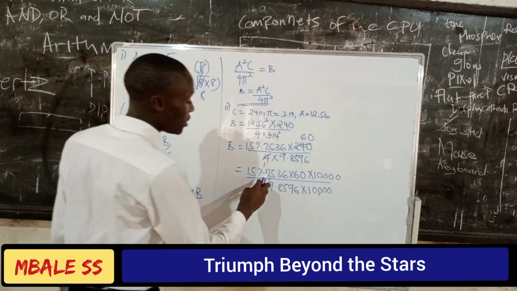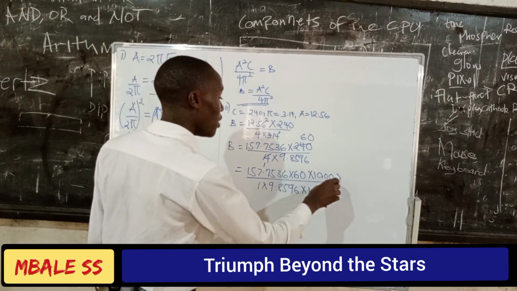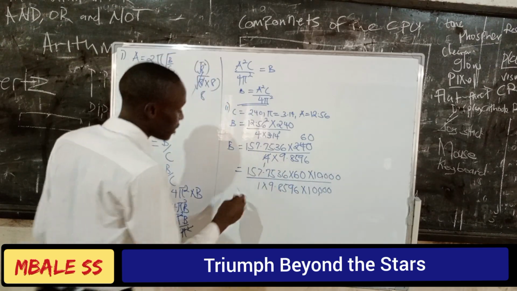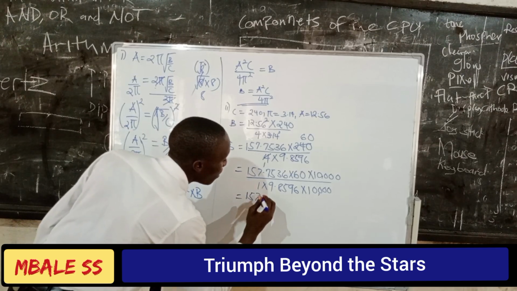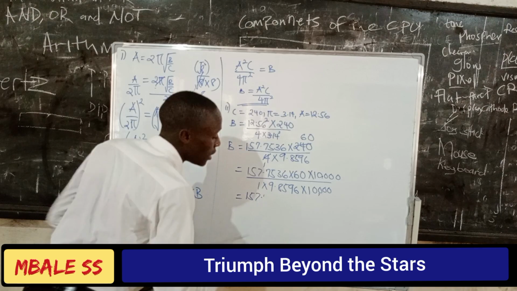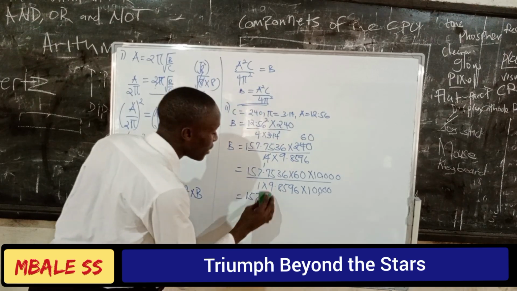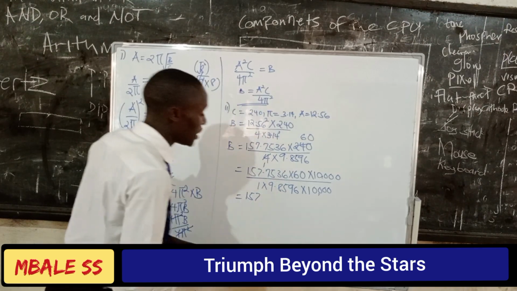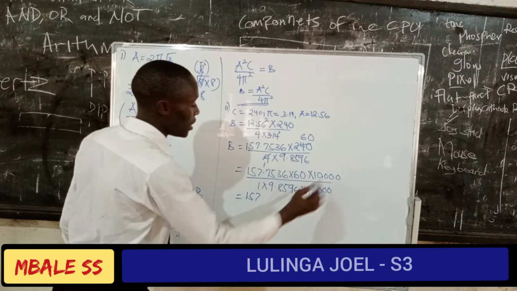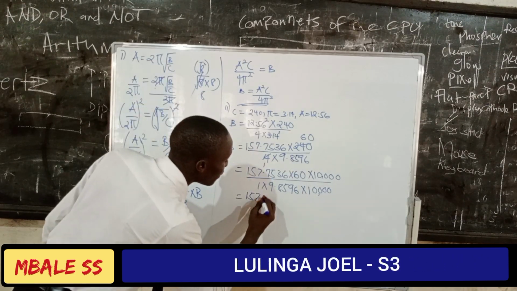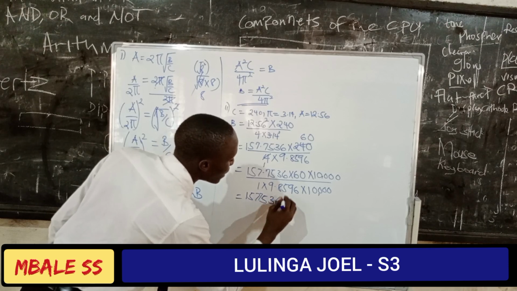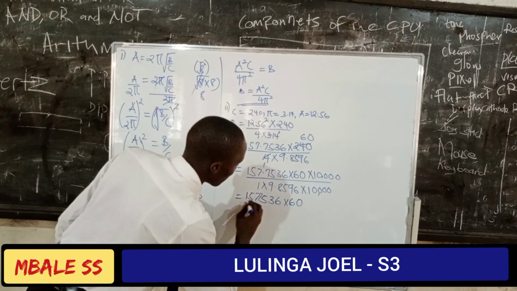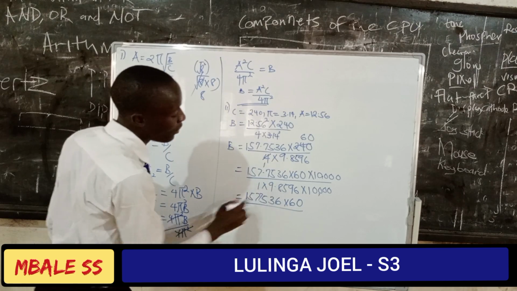So when we multiply the upper one, this 10,000 is going to affect this number, so that we shall have 157, the decimal point shall disappear, because the decimal places just moved. So we shall have 1577536 times 60 over this one here, which will also be affected.